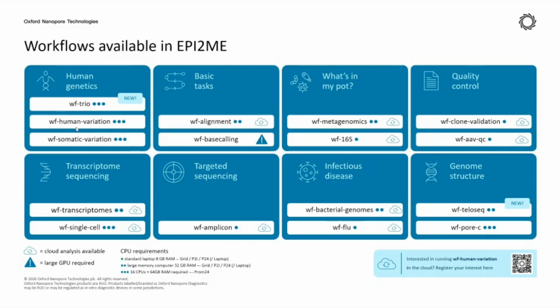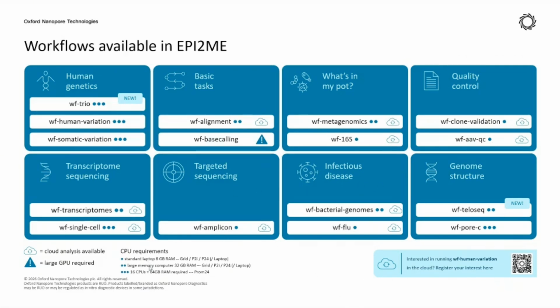That's why an additional, more specially designed pipeline is there. This is the somatic variation pipeline that we are going to look into later. Other than that, there are also workflows to analyze metagenomics data, workflows to study the transcriptome, workflows for bacterial genomes, and so on.